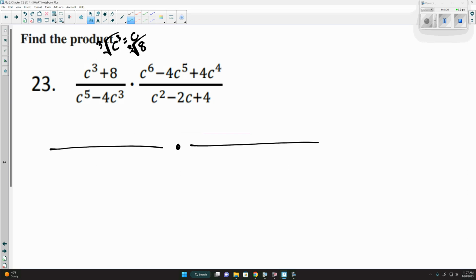If we took the cubed root of 8, what is it? 2. 2 times 2 is 4, times 2 is 8, so the cubed root of 8 is 2. And the reason I write that is reiterating that c to the third plus 8 is a sum of 2 cubes for our factoring.